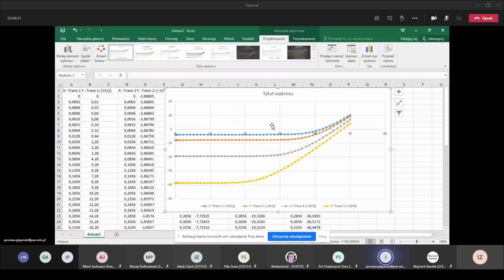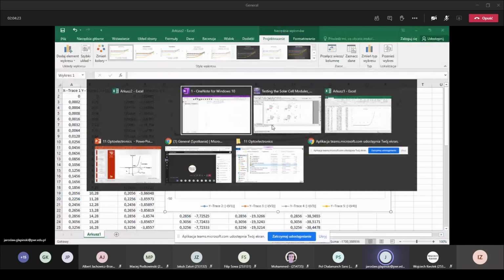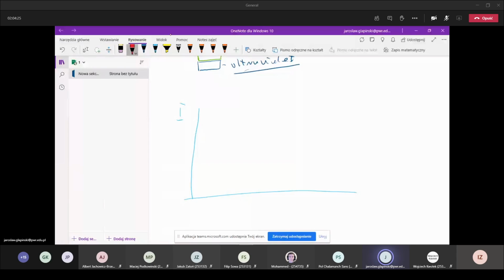The characteristic of the photovoltaic cell is something like this, and for different light we've got a different characteristic.